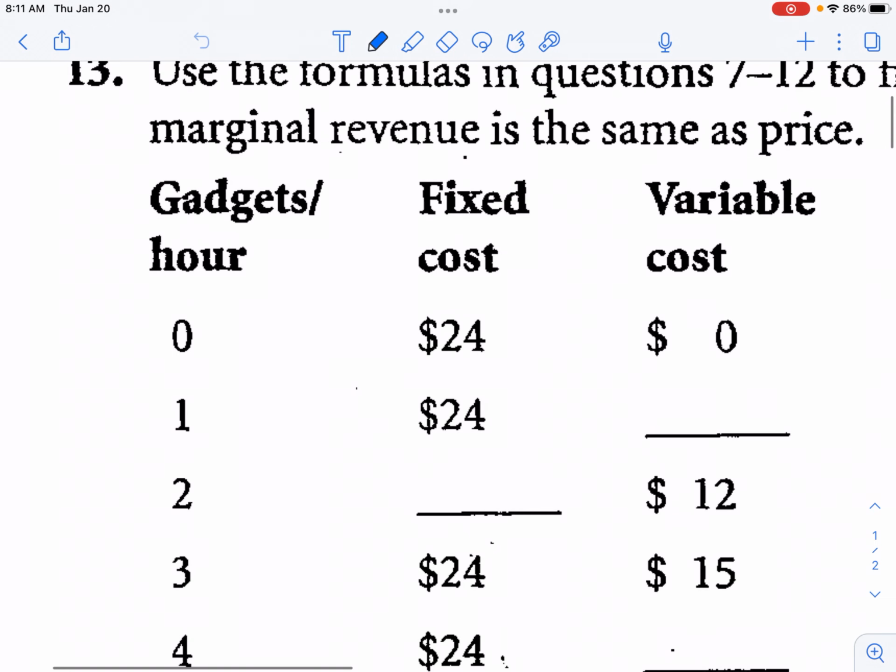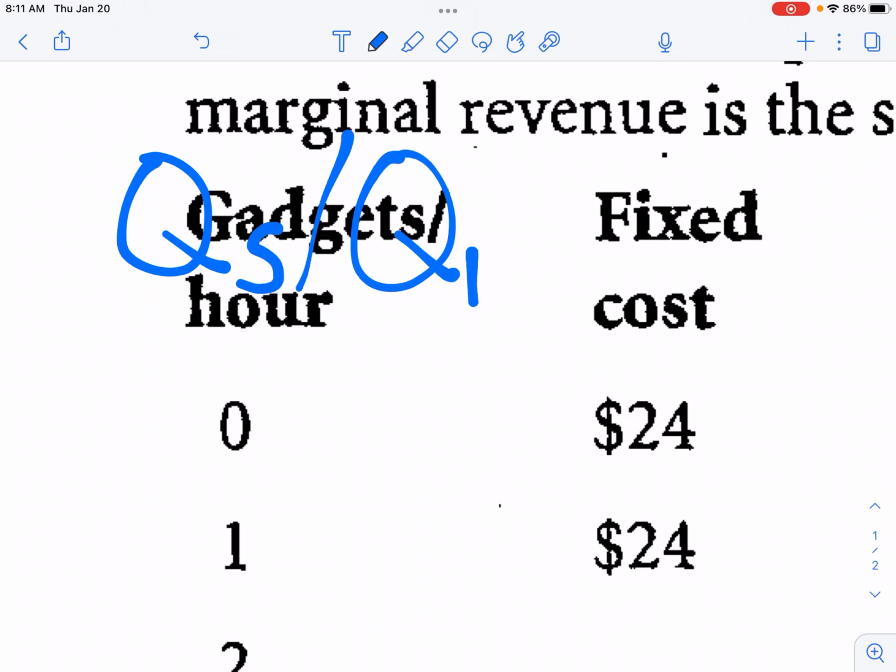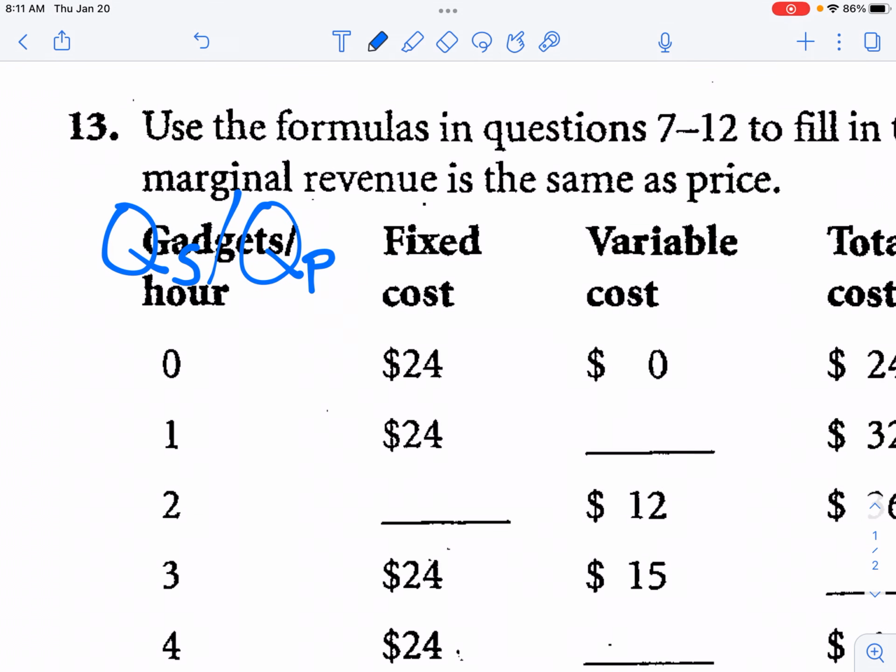So one thing that I'm going to do to get us started out is I'm going to relabel each column with the variable that applies to that column. So the gadgets per hour is going to be the numbers that we need when we are looking for quantity sold and quantity produced. You'll see a pattern with the next ones that are pretty straightforward.